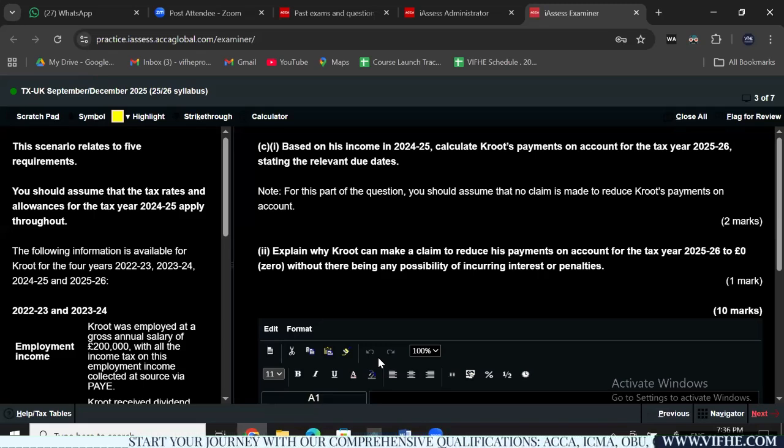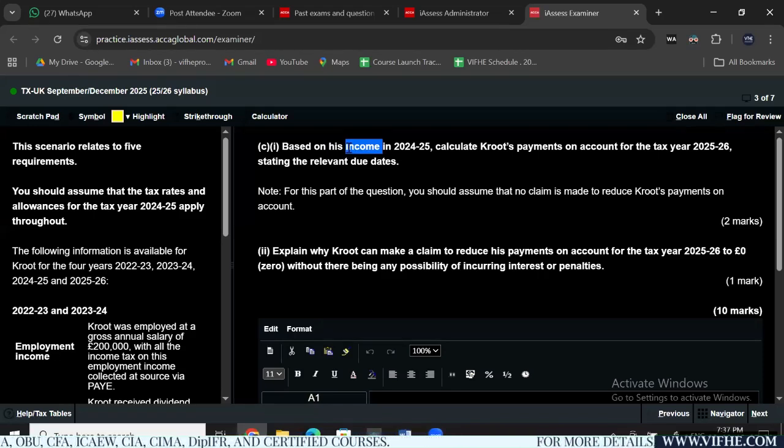Plus, practically we really need to know what the NIC was for the previous year as well. But they have given us a hint that we do not need to go into the details related to NIC, rather just consider his income.